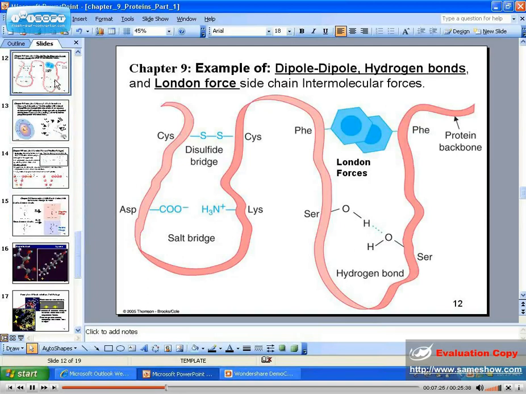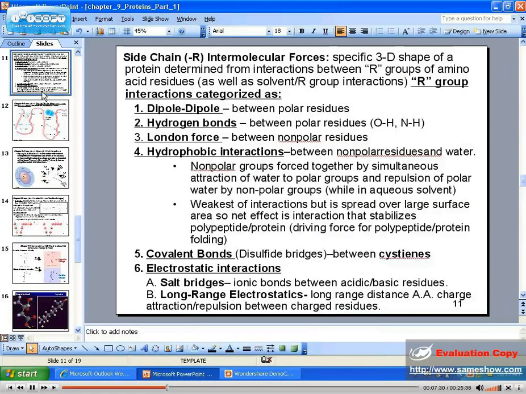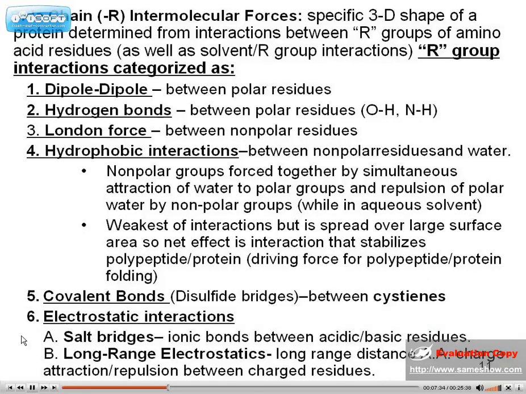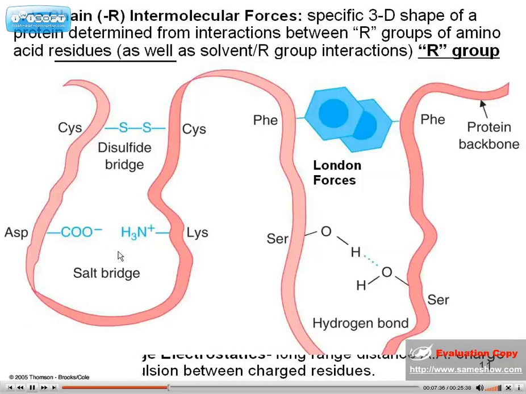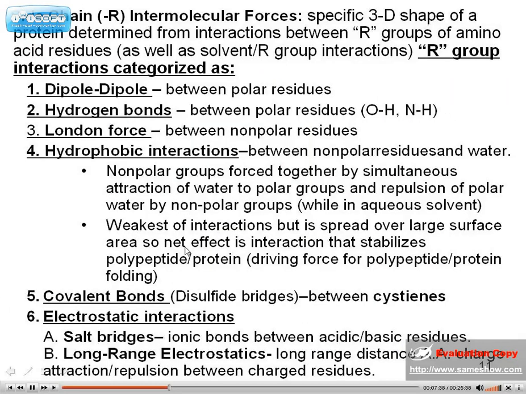So let's go ahead and keep going. Electrostatic interactions. Let me go ahead and pull out my pen. Electrostatic interactions.